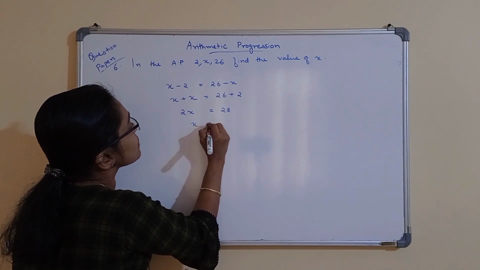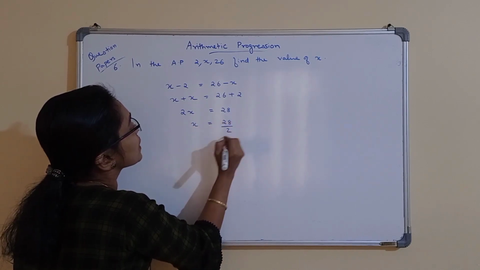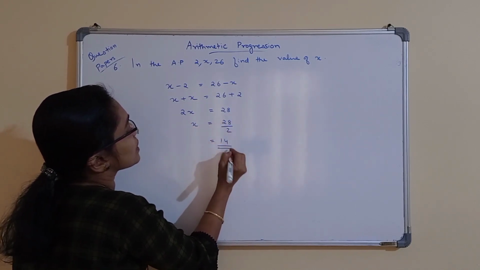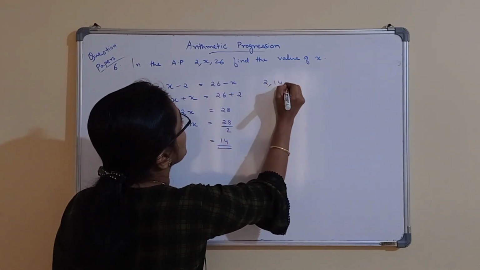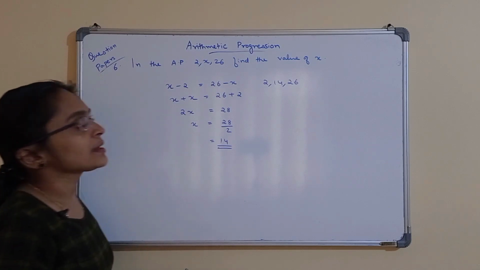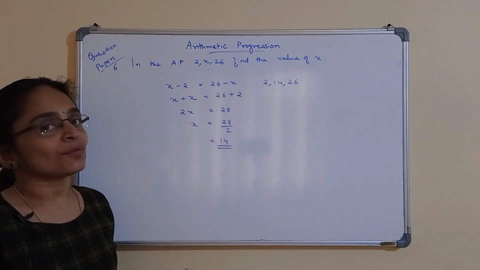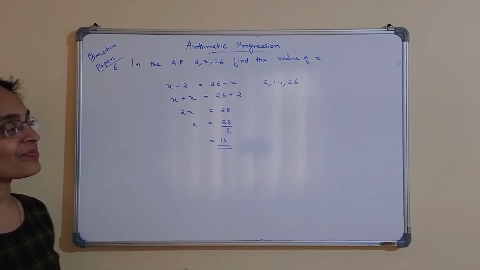That means x equal to 28 by 2, which is equal to 14. So the value of x is 14. So the AP is 2, 14, 26, that is a common difference of 12. Okay, understood?